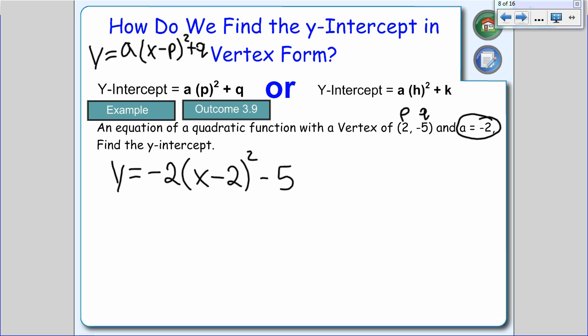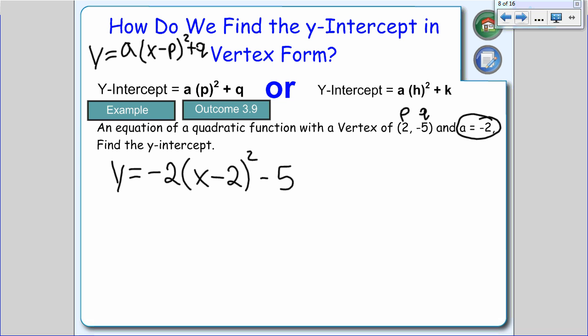The question says find the y-intercept. So you could put this in your calculator and find your y-intercept, or you could do it by hand, which is the right choice. If you want to find your y-intercept and you're in vertex form, your x is equal to 0 and then you need to solve it. If you're in general form, it's your c value.